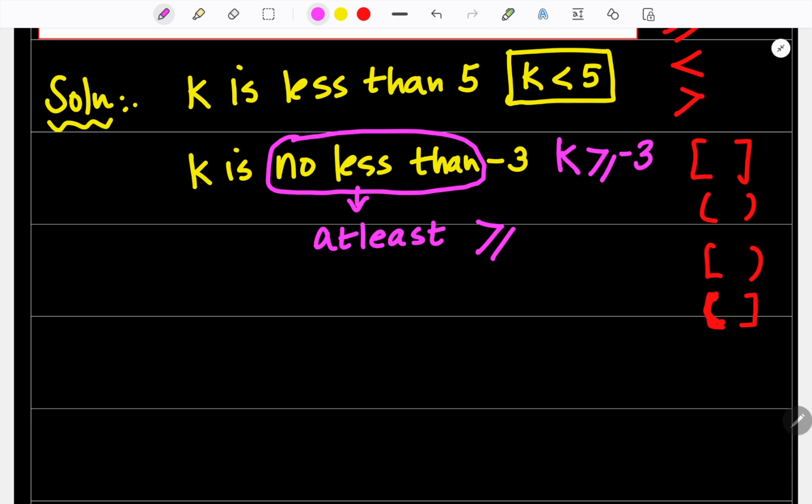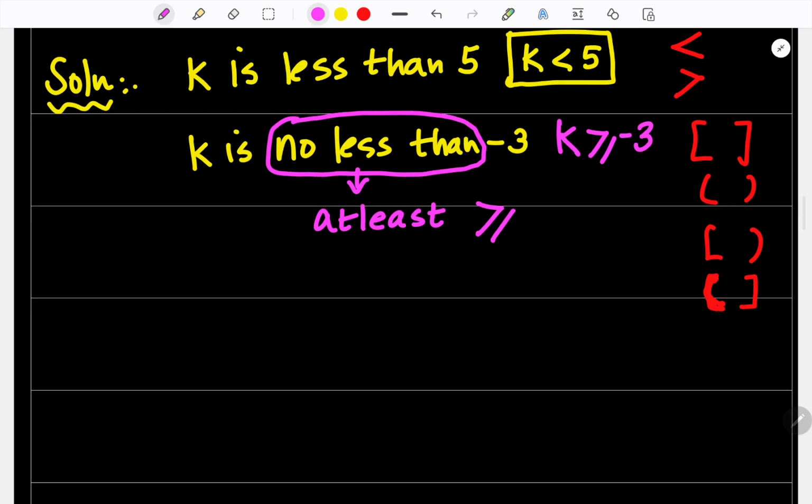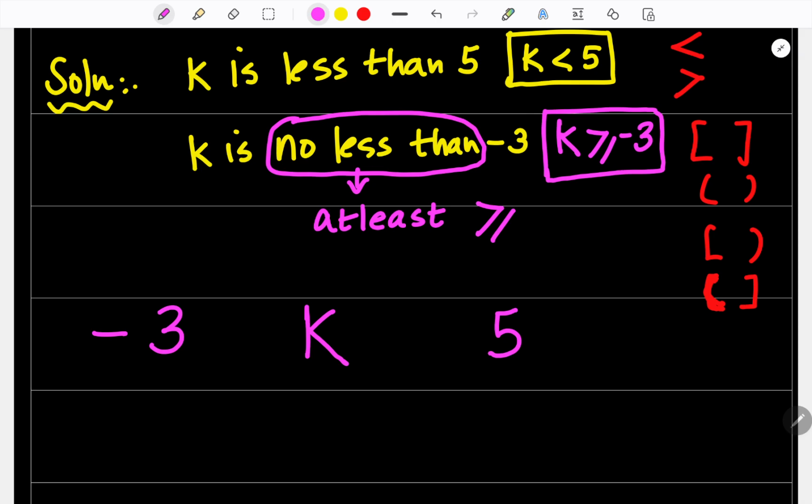Clear everybody? Right. So two things we got it. One is this and the second one is this. We want to write one. So write K in the middle and small number you write on the left hand side and the big number you write on the right hand side. Now look at here everybody. Mouth is open towards 5.